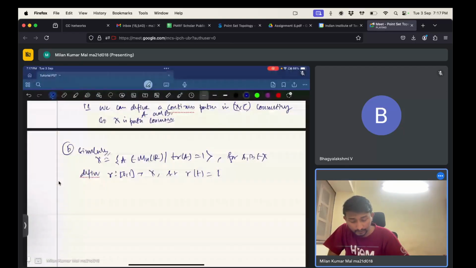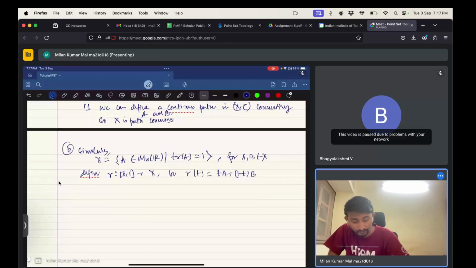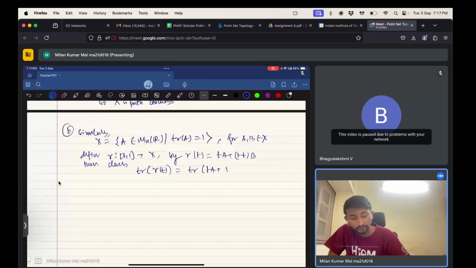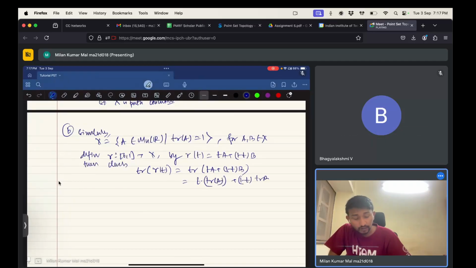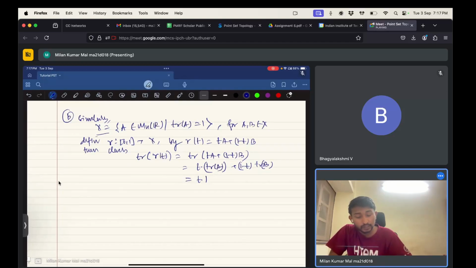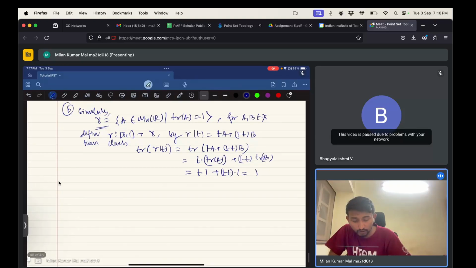Then clearly, trace of gamma(t) is equal to trace of (tA plus (1 minus t)B). That means t times trace of A plus (1 minus t) times trace of B, but trace of A is 1 because A is coming from the set X. Similarly, trace of B is also 1, so this will be 1. So for all t belonging to [0,1], trace of gamma(t) is equal to 1.